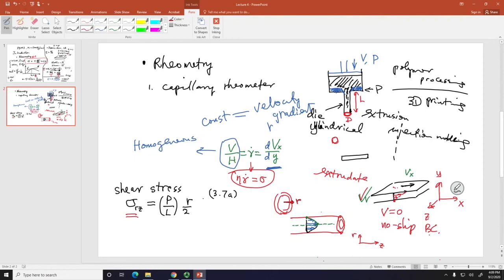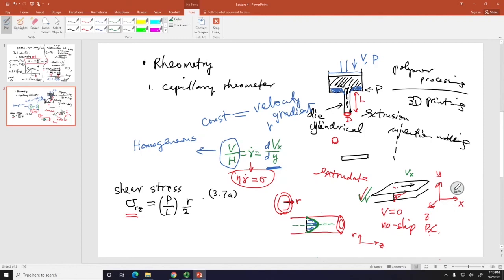This is valid all the way to the center. R equals 0, according to this formula, says the stress is 0. And the reason the stress is 0, look at this lovely thing that I drew here. Remember this is the velocity field.